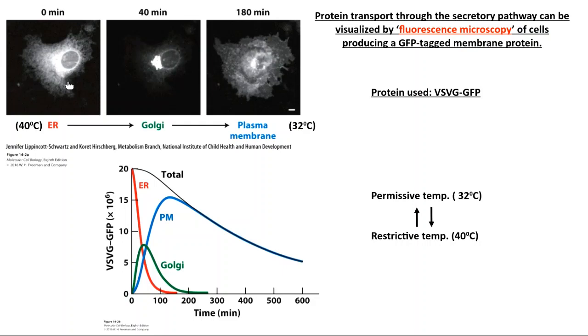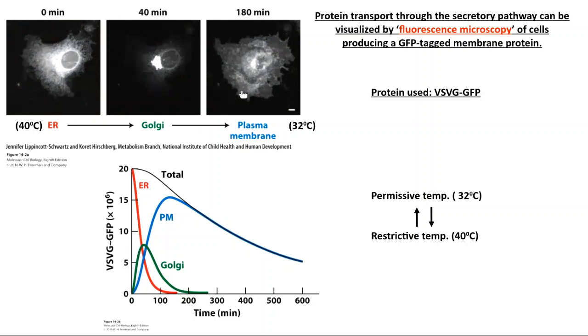As soon as we change the temperature to 32 degrees centigrade, which is the permissive temperature, the protein starts moving outside and goes to the Golgi. That shows after 40 minutes. Since these were GFP tags, we could track the movement of the proteins from one compartment to another. It moved to the cis Golgi, or rather the Golgi, and then after 180 minutes altogether, it moved to the plasma membrane.